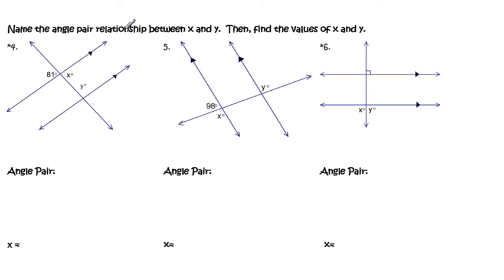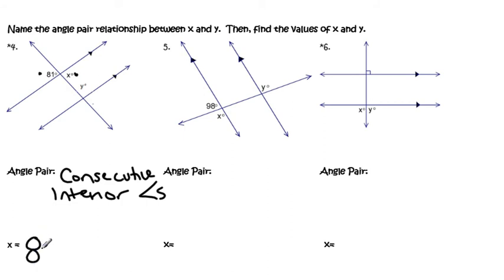Number 4, we want to name the angle pair relationship between x and y. So start with that. They are on the same side of the line inside the two lines. So we can call them consecutive interior angles or same side interior angles. I'm going to start by finding x because I see that x and 81 degrees are vertical angles, and vertical angles are congruent.